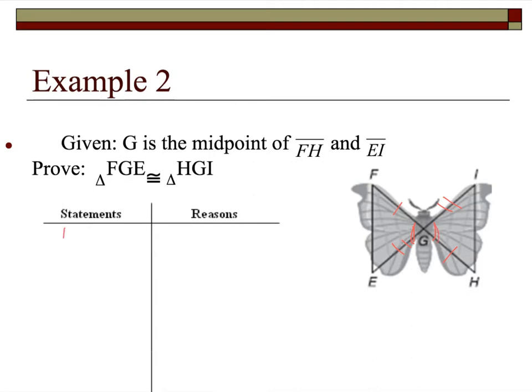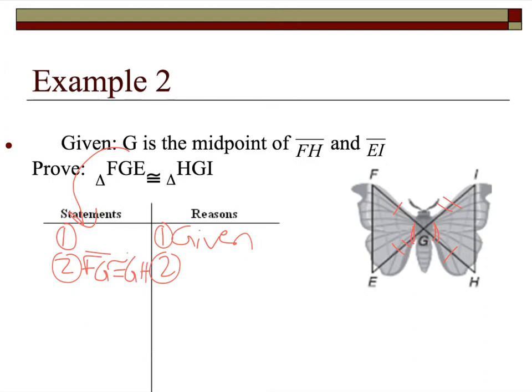Let's write it up. So we've got our given. I'll draw myself a nice little arrow. All right, next up, I've got FG is congruent to GH. And then I've got EG is congruent to GI.